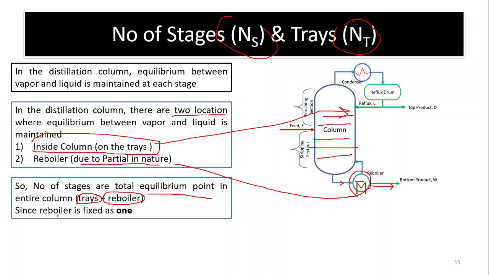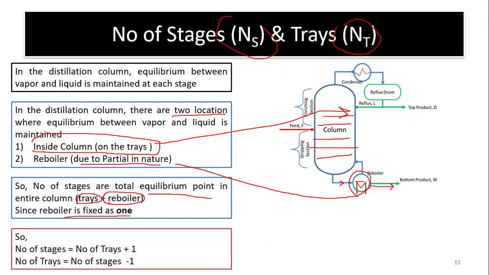Since there is only one reboiler, one equilibrium point is taken as the reboiler, and the other points are taken from the trays. So we can say that number of stages is equal to number of trays plus 1, or the number of trays is equal to number of stages minus 1. This is the relationship. You should remember this relationship, and it is a very simple one.